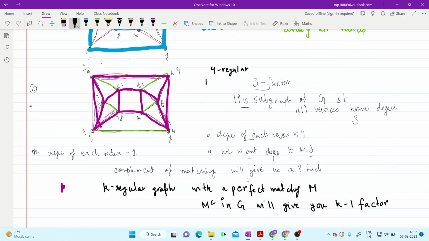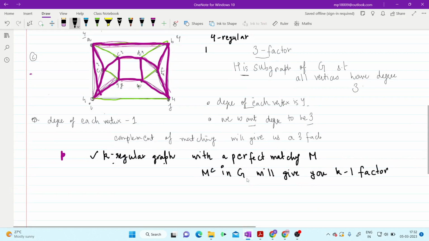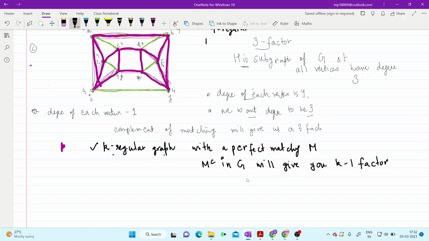So is everyone convinced why this is true, that if we have a K regular graph which has a perfect matching M, then if we take its complement, it will give us a K minus 1 factor? Why? Because what is a K minus 1 factor?